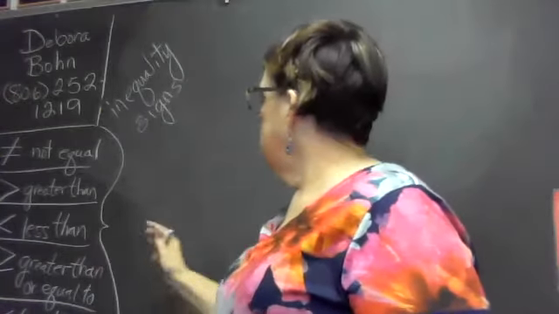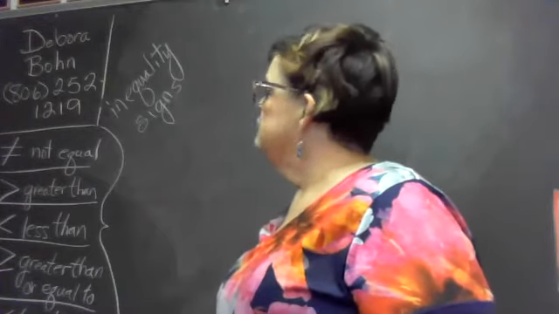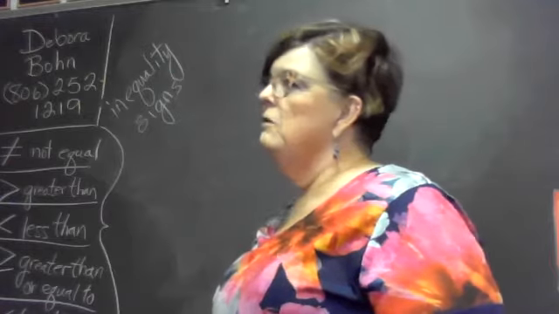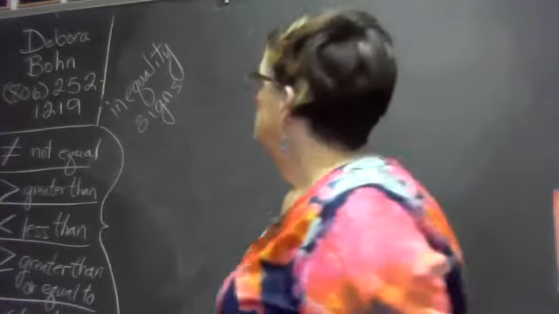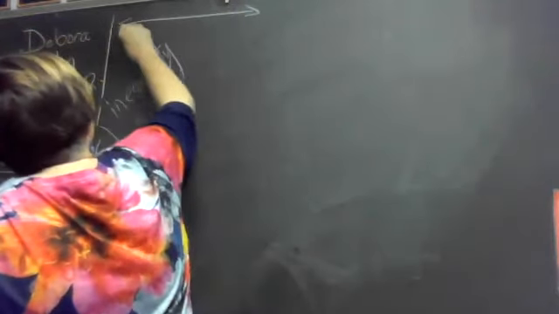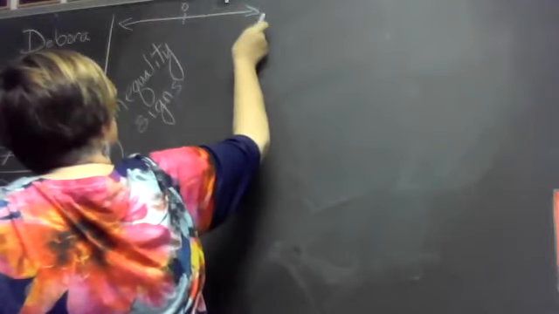Now, when I introduced these the other day, some of my students said, I'm really getting mixed up on which one's greater than and which one's less than. So I told you that if you think about a number line, then everything on the right side of 0 is positives.